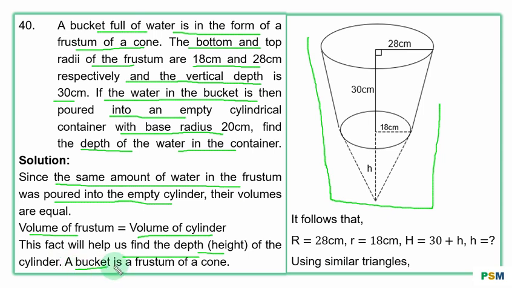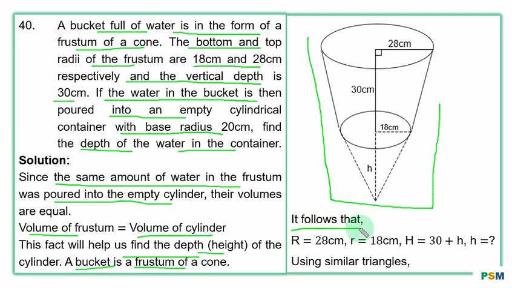A bucket is a frustrum of a cone. So you find the volume of the frustrum, you equate it to the volume of the cylinder to enable you find the height or depth of water in the container, which is the cylinder.